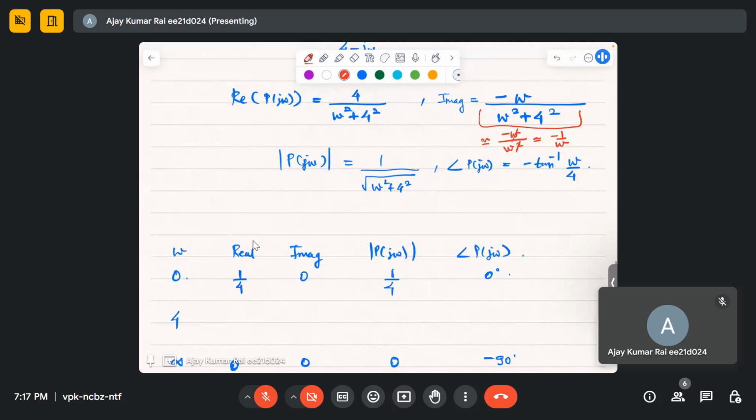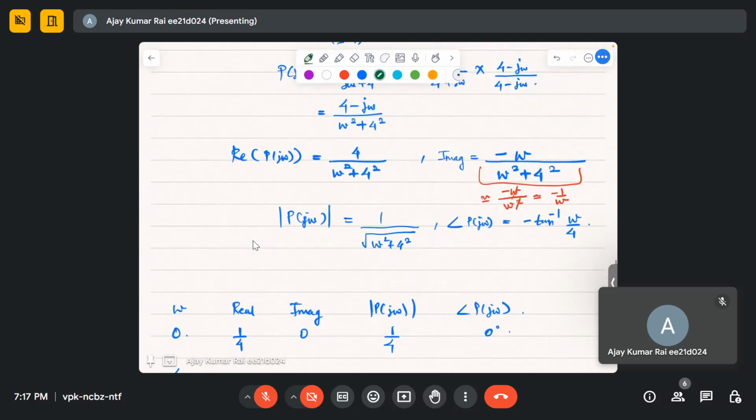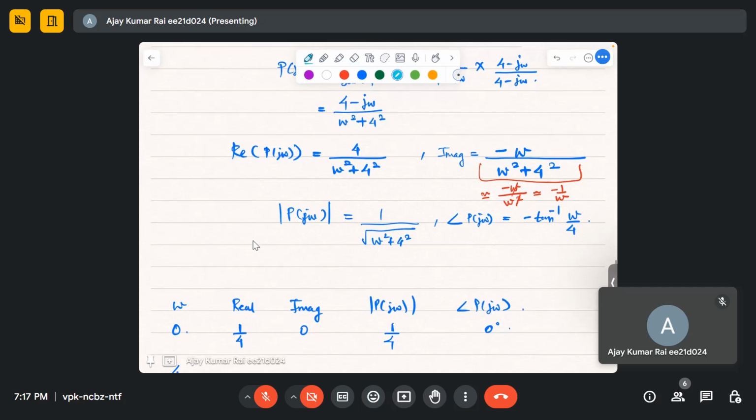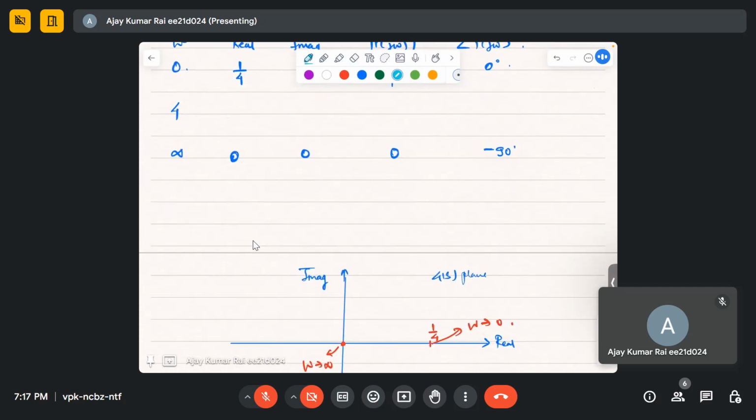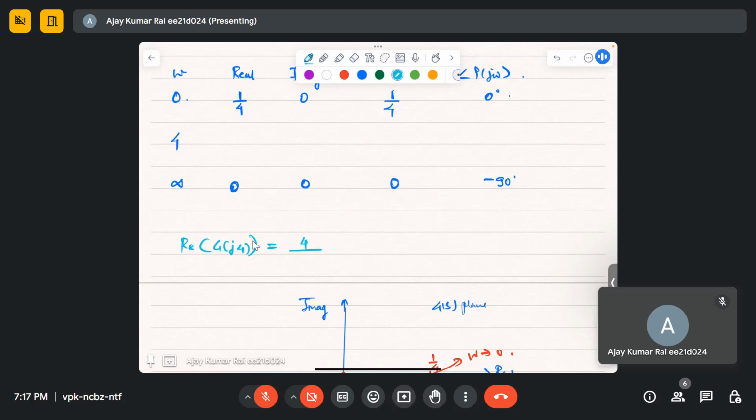So at omega equal to 4, what is the real part? So real part is what? Now I am putting 4. So it's like 4 by omega square, which is 4 square plus 4 square, right?